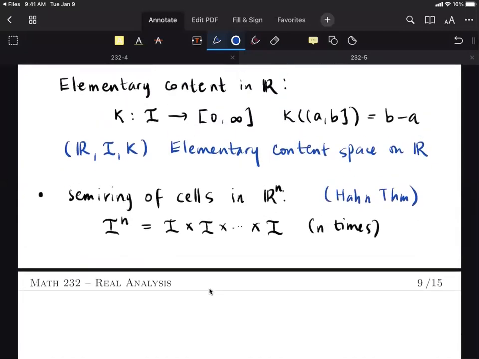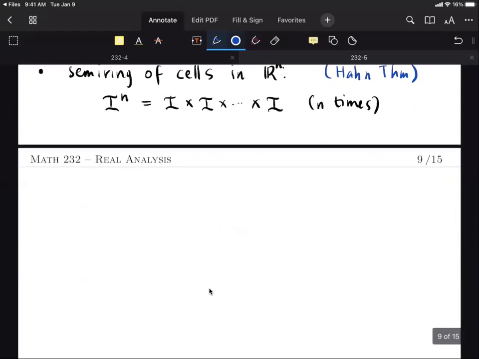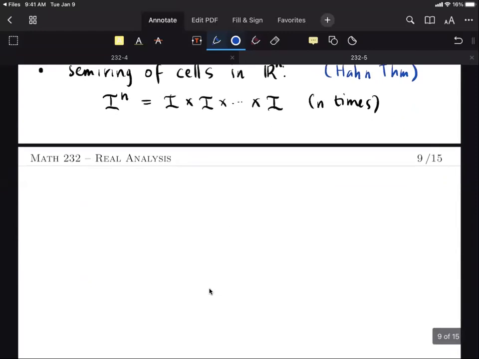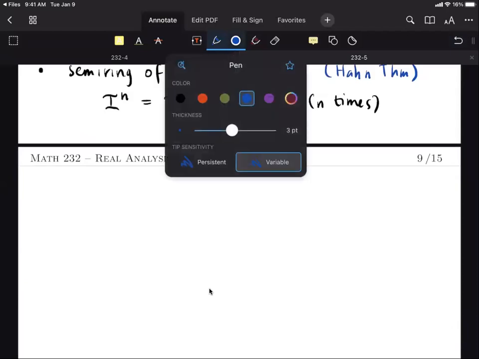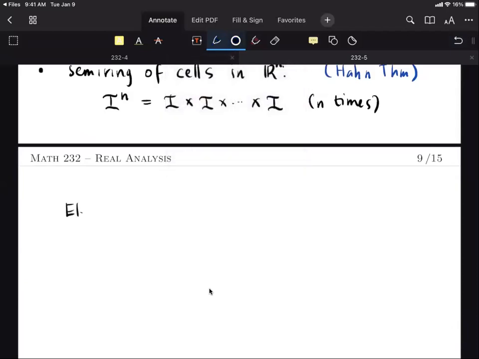And if you have a content on a semiring, then the product of those contents are also contents in the product space. So in that way, we can also create the elementary content on Rn as follows.